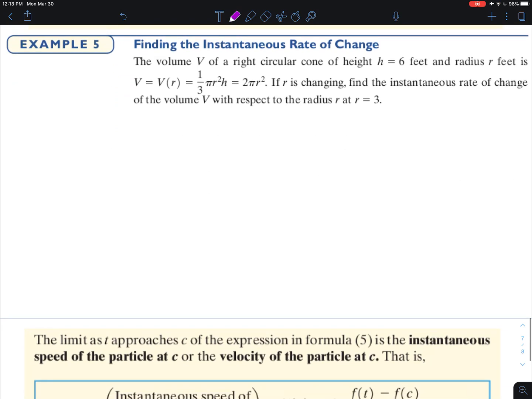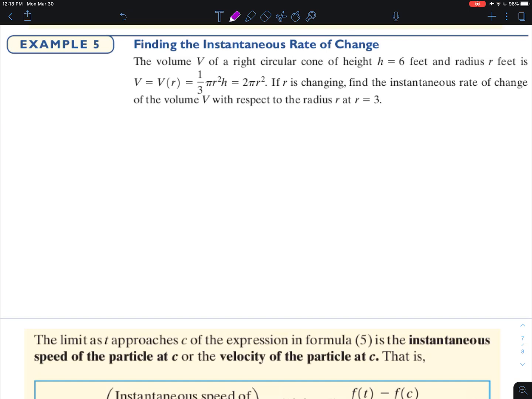So in this particular problem, we're trying to find the rate of change of a cone if the radius is changing. So the volume of a right circular cone, if r is changing, find the instantaneous rate of change when the radius is 3.